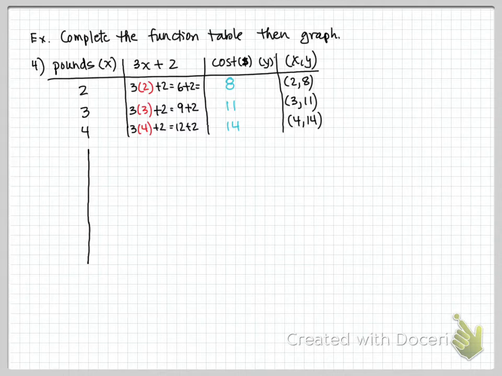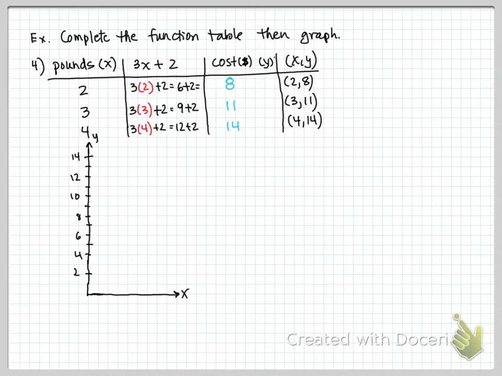So if this is 14, 12, 10, 8, 6, 4, 2, and that would be the 0, right there in the corner. And then here, get my arrow caps, X and Y, and then I'll just count by 1s.